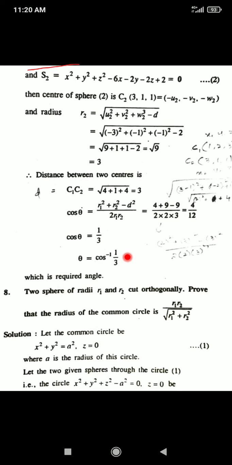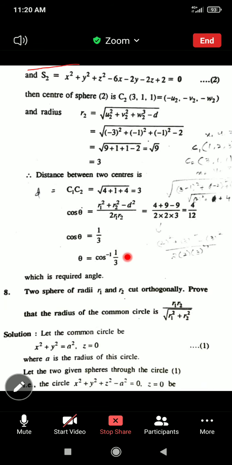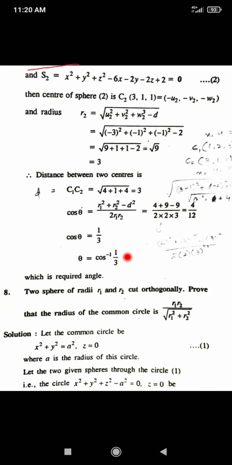Divided by 2 into r1 into r2, where r1 is 2 and r2 is 3, so 2 into 2 into 3. So plus 9 and minus 9 get cancelled. We get 4 divided by 2 into 2 is 4, 4 into 3 is 12. Cancelling the terms, 4 ones are 4, 4 threes are 12, we get 1 by 3.